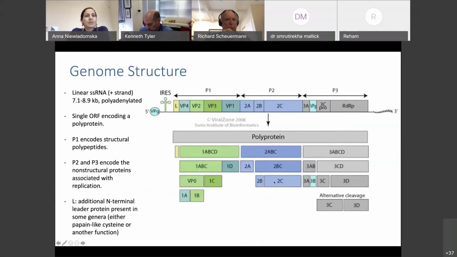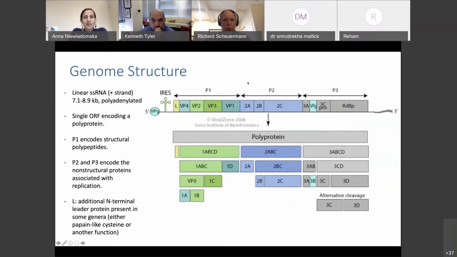So this is the genome structure of Picornaviridae. Again, it tends to be a very short, compact virus, but it packs a lot in there. It forms 1 polypeptide, which goes from pretty much the beginning of the genome till the end, with the exception of the 5' and 3' untranslated regions.